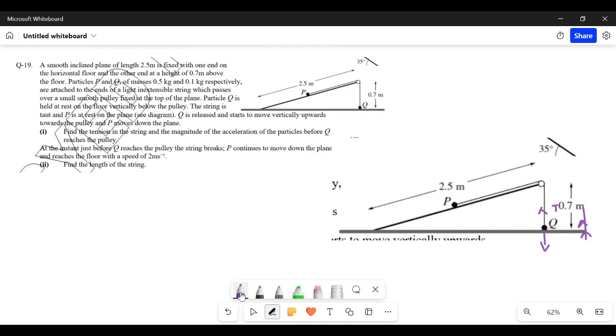So mg will be 1 Newton. So at Q, the equation is going to be forward force minus backward force is equal to ma. This would be equation 1.